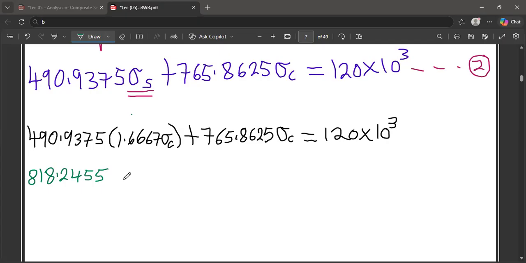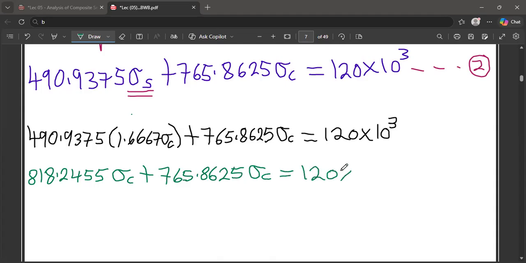Let's say 818.2455 times the stress in the copper tube, plus 765.8625 times the stress in the copper, which is equal to 120 times 10 exponent 3.